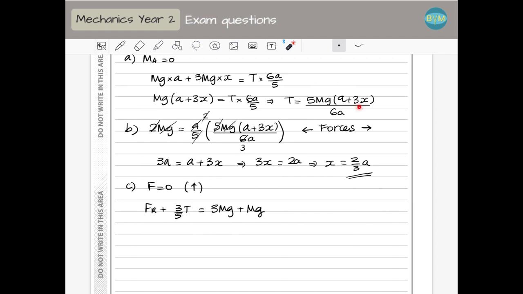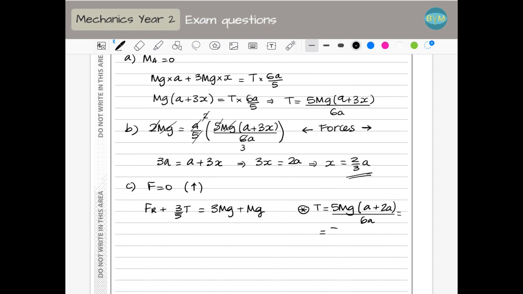In fact, I know now x. So x is 2/3 of A plus A. So let's find first T, so we can substitute and it looks nicer. So 5mg. I'm just using the formula for T, but I'm substituting x by the value. So it's 5mg times A plus 3x, which is 3 times this, so the 3 are cancelled, so 2a. 2a plus 2a divided by 6a.